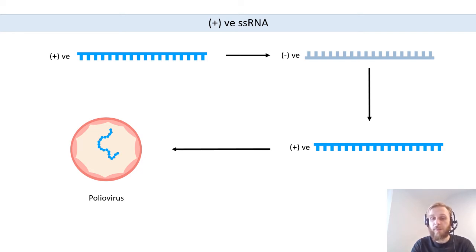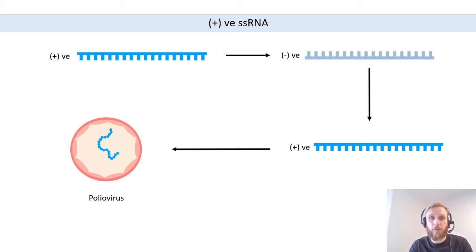This positive single-stranded RNA copy is packaged into new virus particles, because it is a copy of the viral genome, so it can function as a viral genome. And this virus particle with this copy inside is potentially infectious, so it can leave the host and infect new cells or a new host.